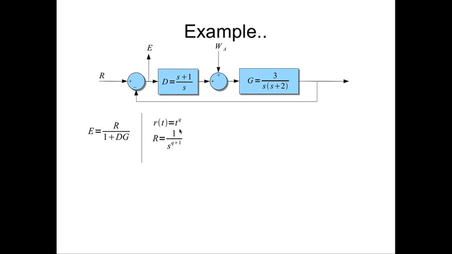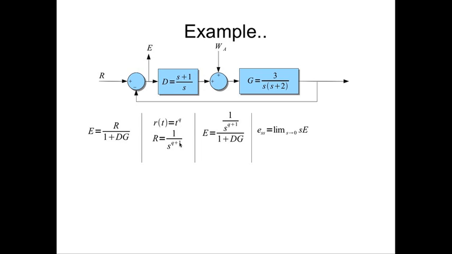If the reference input is a time domain polynomial of order q, then the Laplace of small r of t, which is capital R, is going to be 1 divided by s to the power of q plus 1. Substitute that in the error equation, and then we find what steady state error is.